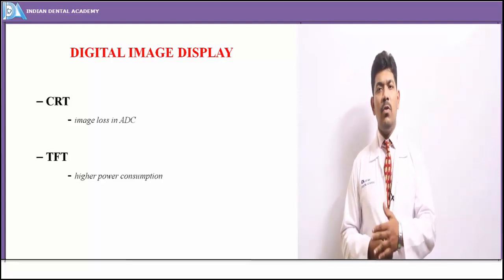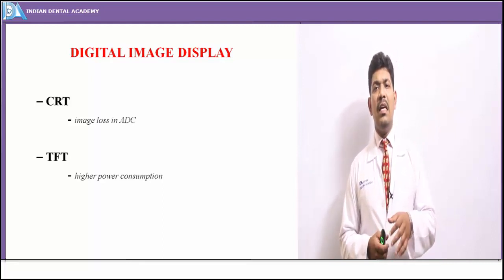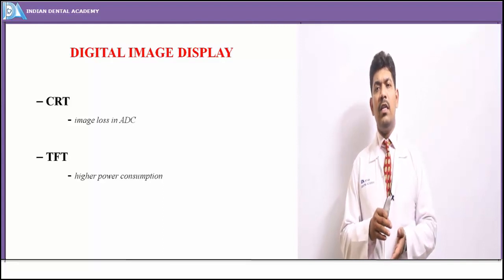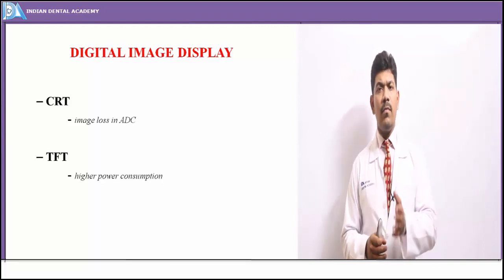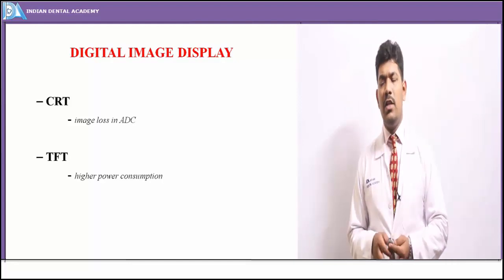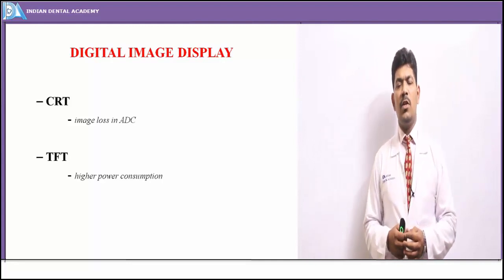And one of the other most important disadvantages is your image loss, which is primarily seen in these cathode ray tubes, wherein there's some amount of loss of image characteristics during the process of conversion from analog to digital. Now these disadvantages were overcome by TFTs, which are much more recently used.